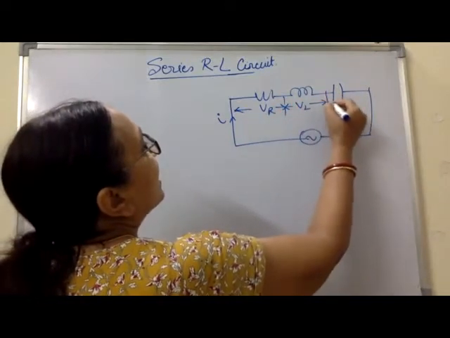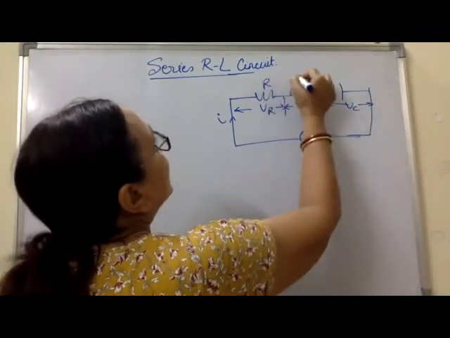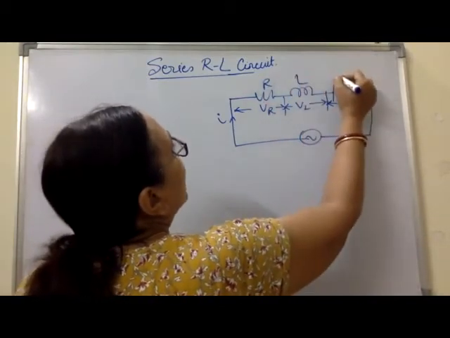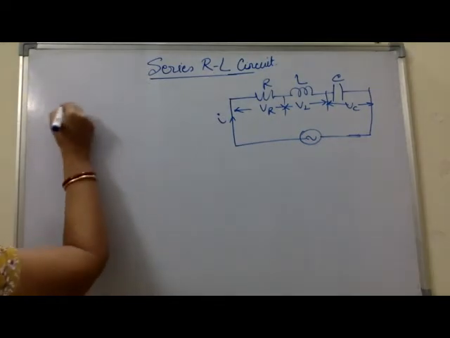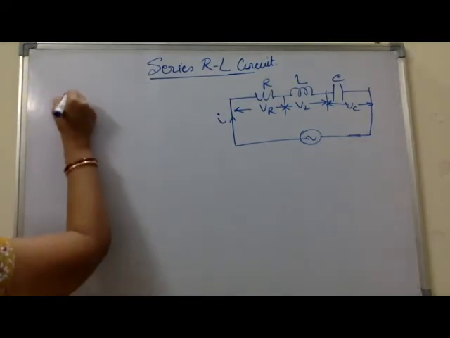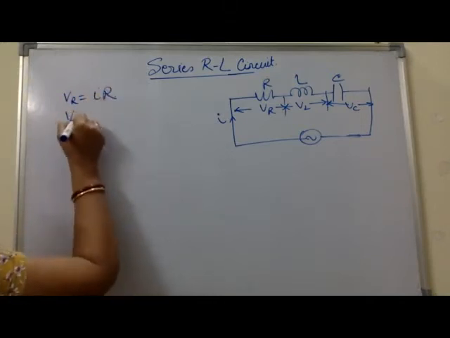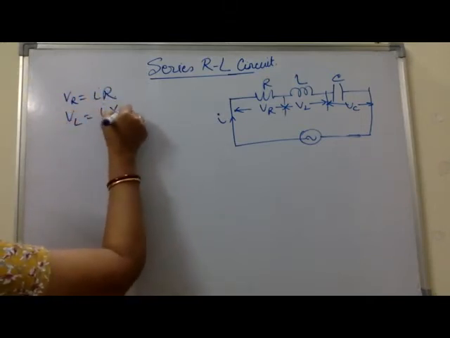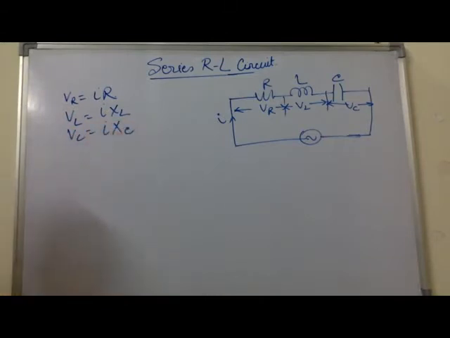Over here we have taken the voltage across the resistance as VR, across the inductance as VL, and across the capacitor as VC. So VR is equal to I into R, VL is I into XL, and VC is I into XC.